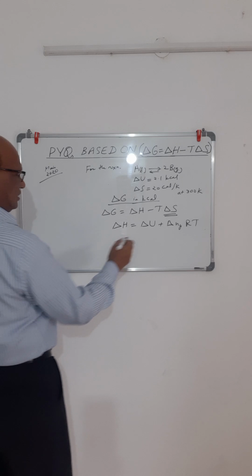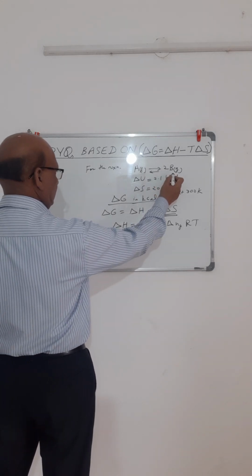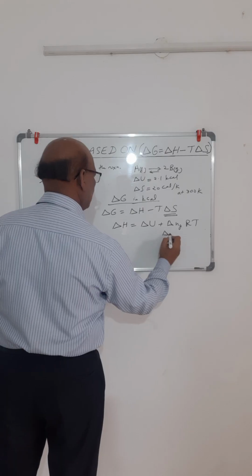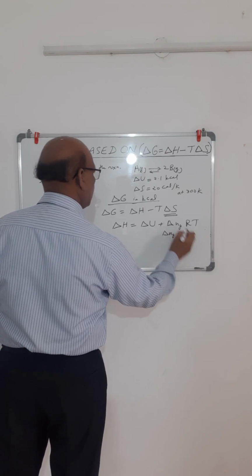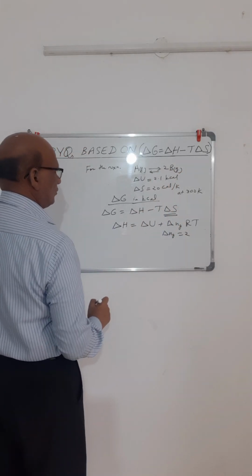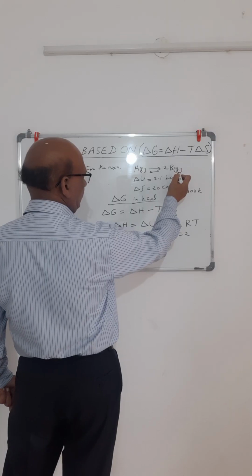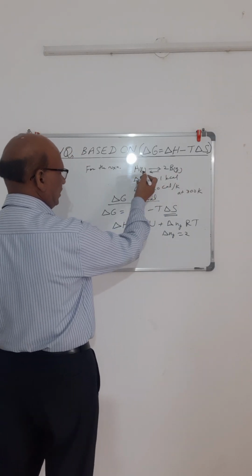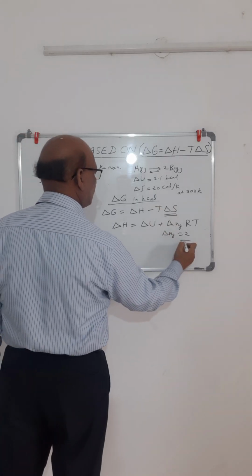In this case, what is delta Ng? It is 2 minus 0, that is, delta Ng is 2, because 2 moles of B, which is in gaseous form, are produced, and there is no gaseous reactant. So delta Ng equal to 2.